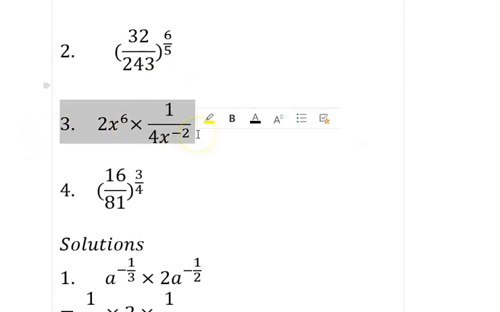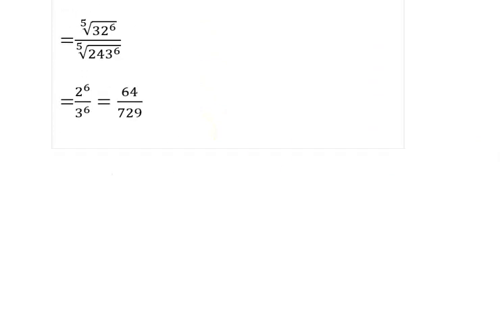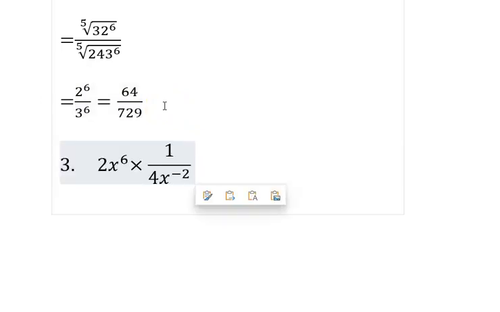It's just applying basically all the laws we've been able to explain in our last class. So for question number 3, the same thing we are going to be doing. We are just going to be applying those rules, those laws. So when I say rule or I say law, I still mean the same thing. So it's just for us to do the needful.